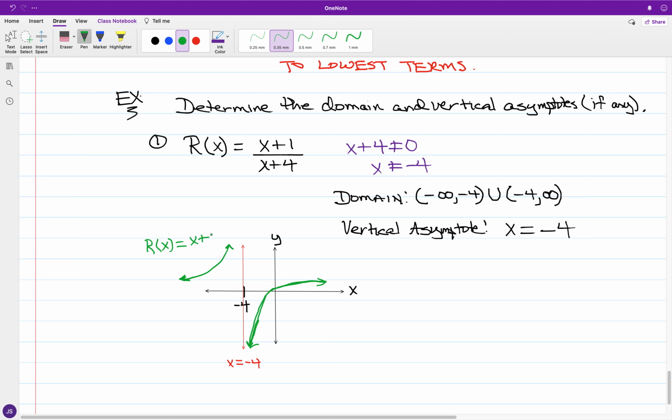And let me add in also, the graph of r of x never touches a vertical asymptote. It might come close, but strictly speaking, it will never come into contact.